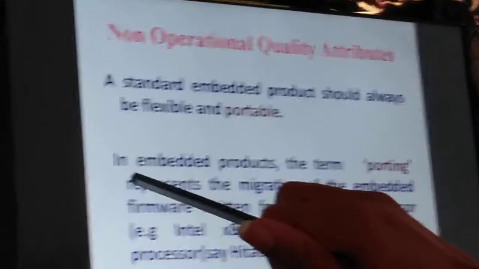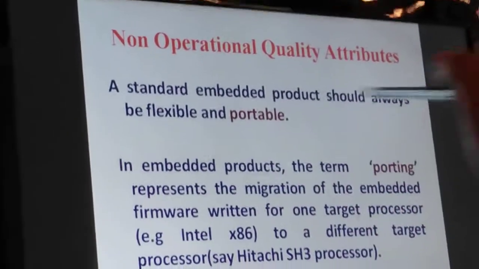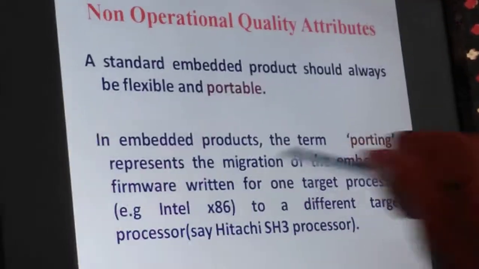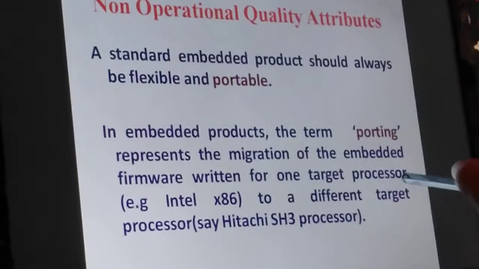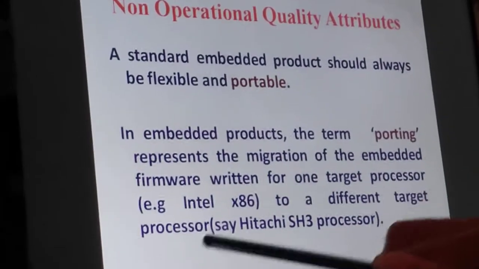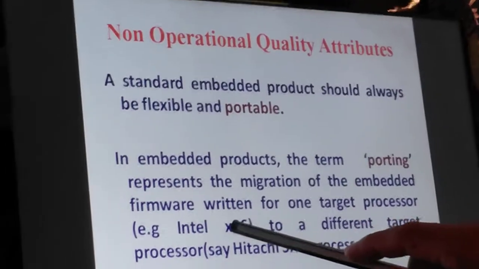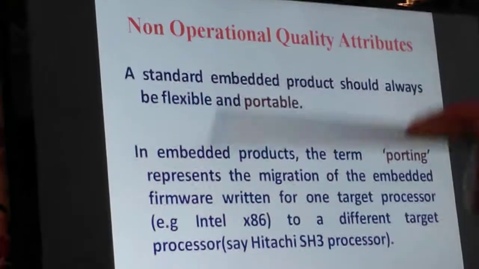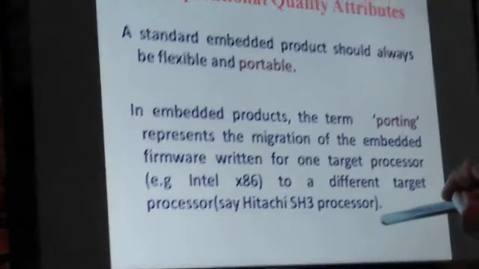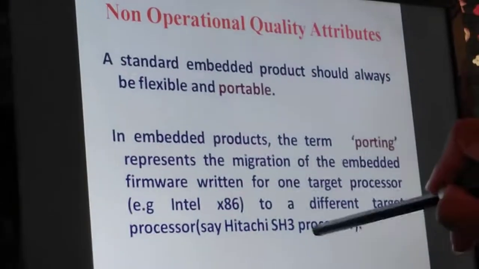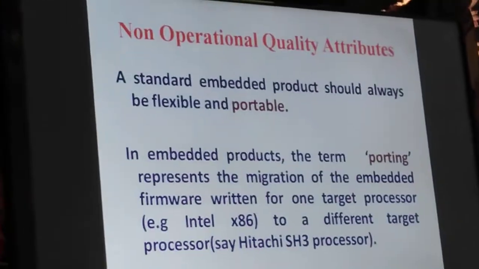In embedded products, the term porting represents the migration of the embedded firmware written for one target processor to a different target processor. Like if it is developed for Intel x86 based processors, and you are transferring to Hitachi SH3 processors, if it is transferable, then I can say that it has a very good portability property.